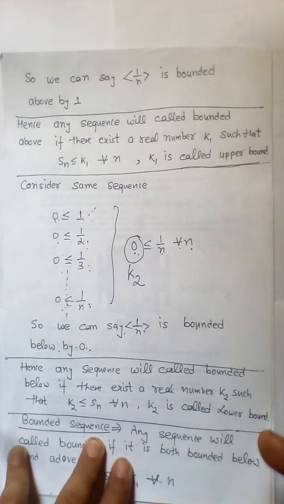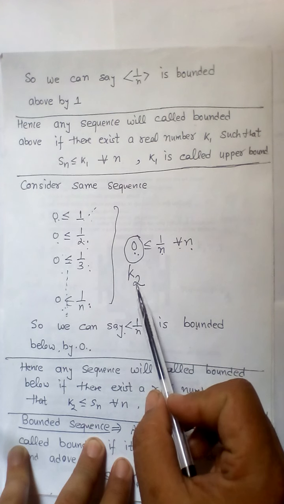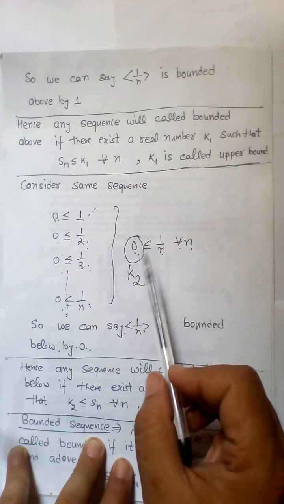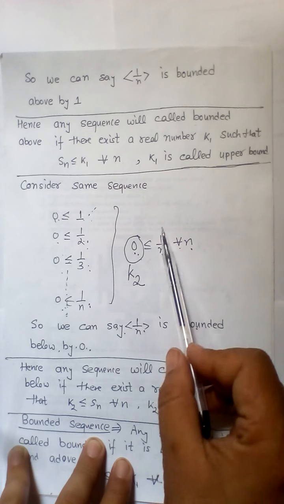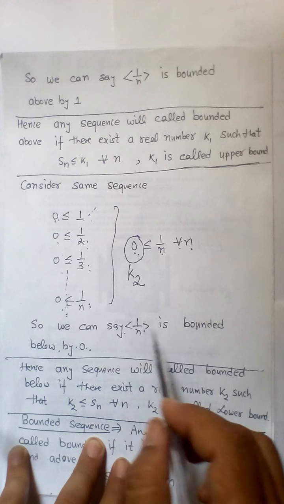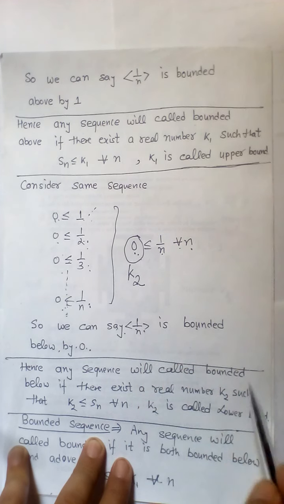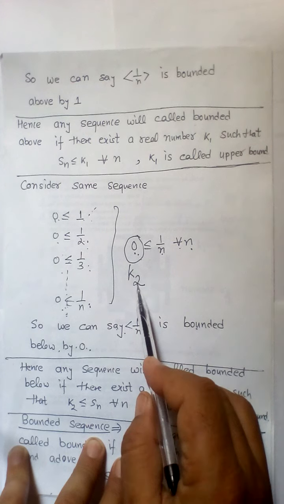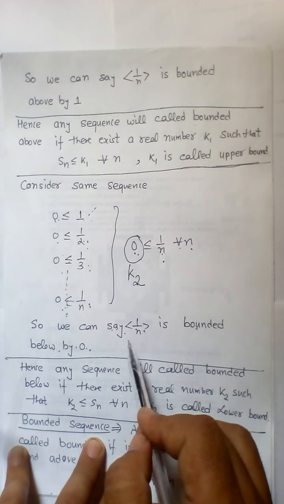So we can say that if we can find a special number k2 which is less than or equal to every member of the sequence, then such a number is called lower bound and the sequence is called bounded below.